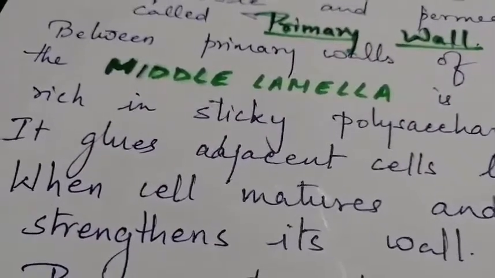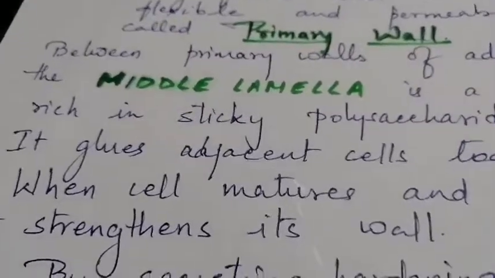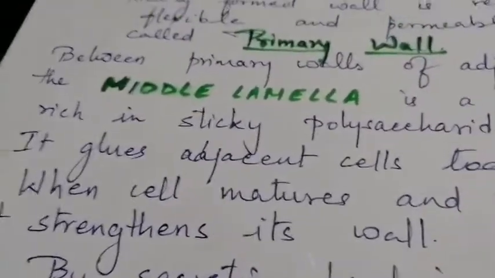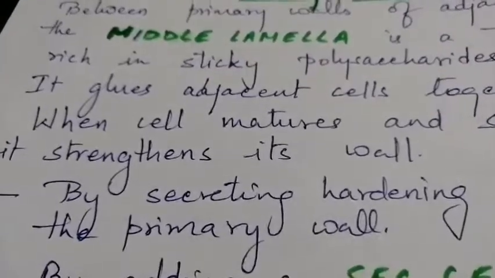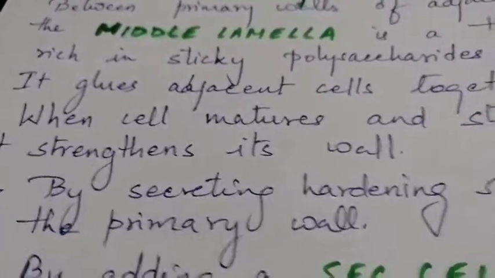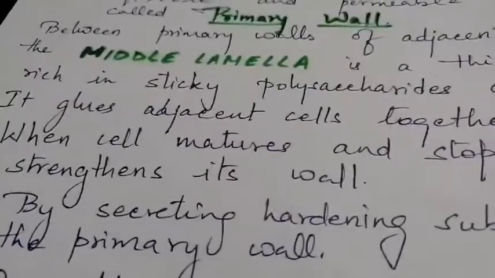Now when this primary cell wall matures and the cell is no more growing, what is happening? It stops growing, then it strengthens its wall. There are two ways by which its wall strengthens: by secreting hardening substances into the primary wall.